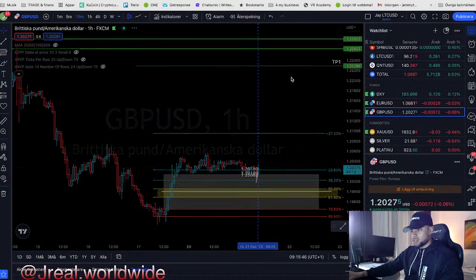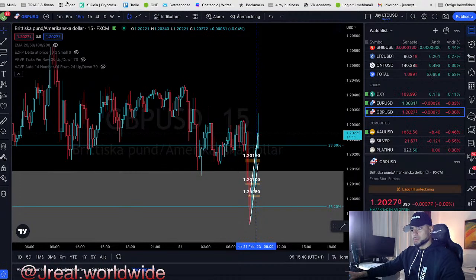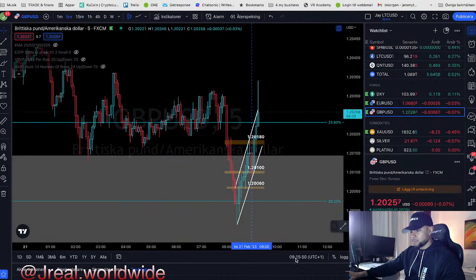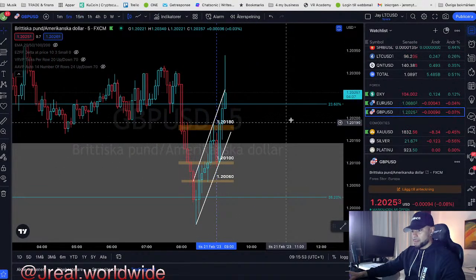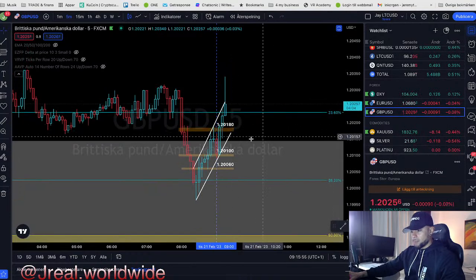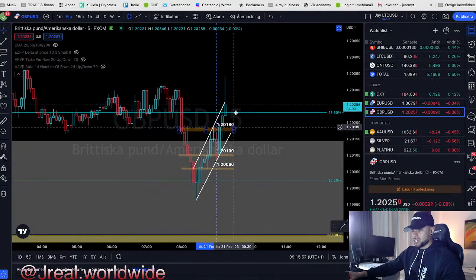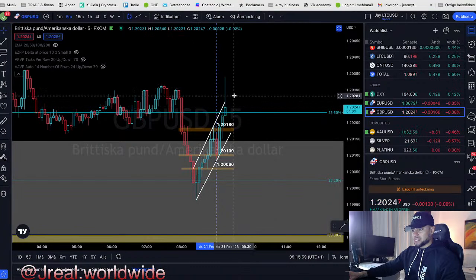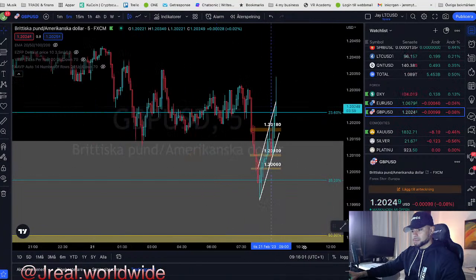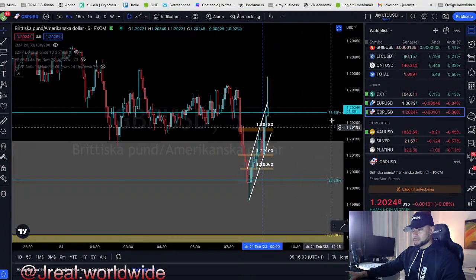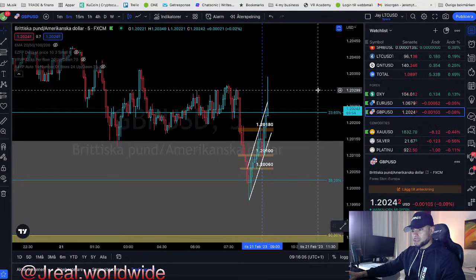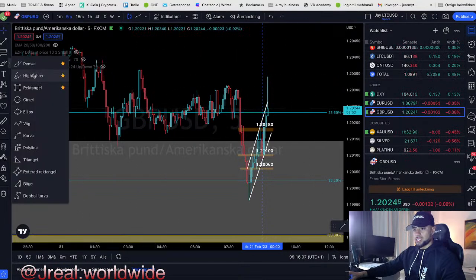Let's zoom in again and see what's going on. 5-minute time frame. Yeah. So as you see, the market broke above this resistance here, and it's basically testing all this resistance that you see here now.